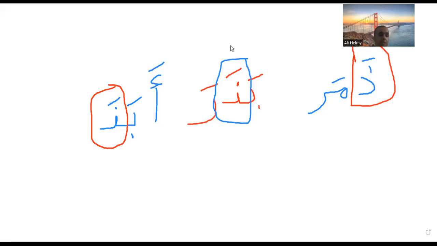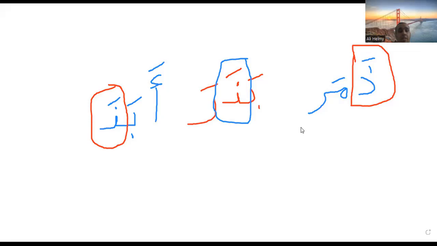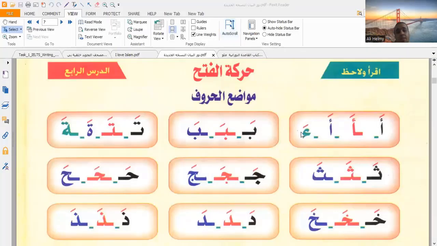We have today explained the shapes of the letter, okay? Either when it comes at the beginning of the word, at the middle of the word, or at the end of the word. And we have taken examples for every single shape so that you can recognize this letter when you read any Arabic word.